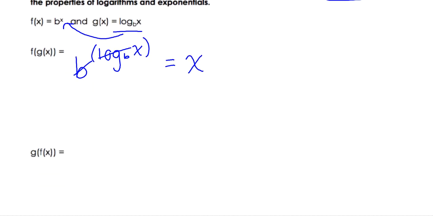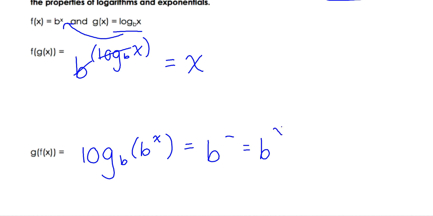Then we also have to prove it in the inverse way. So now into log base b of x, we have to plug b to the x power. And when we do that, using that same exponential logarithmic inverse property, rewriting this, we have b to some power has to equal b to the x.